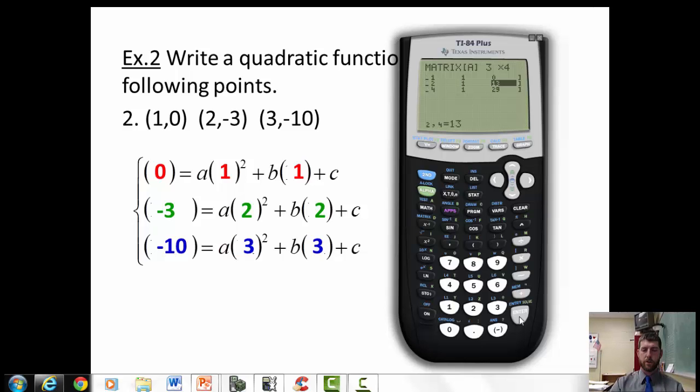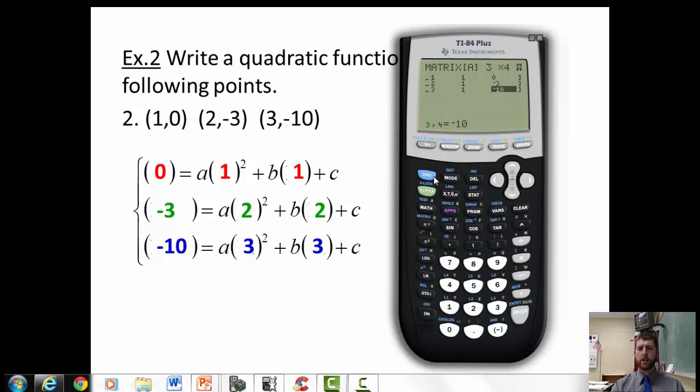C coefficient is 1 equals -3. Third equation, A's coefficient is 9. B's coefficient is 3. C's is 1. That equals -10. Remember, constants are your far right column. A column, B column, C column. Constants are the far right column, the fourth column.